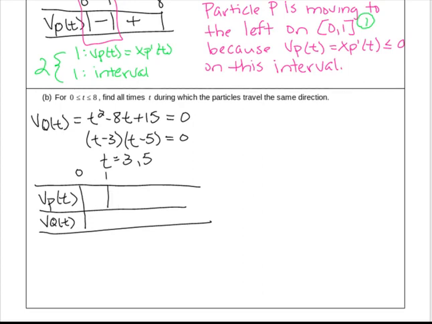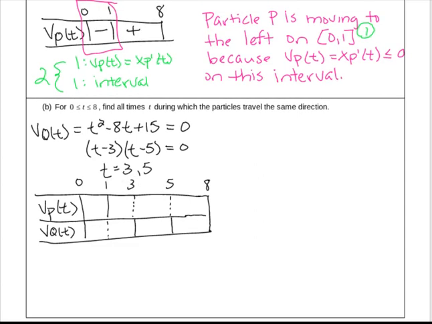We know that Q has critical points at 3 and 5, and then they're both going to end at 8. So I like to just draw some dotted lines for the ones that don't actually match for the correct function, if that makes sense. So 1, 3, and 5. So we already know for particle P that from 0 to 1, the velocity is negative, and from 1 to 8, everything is positive. So we can just put some positive signs here.